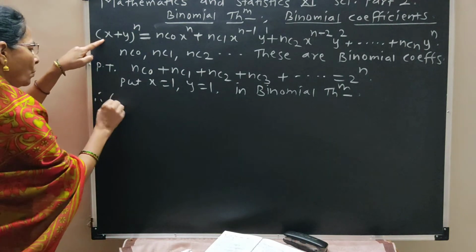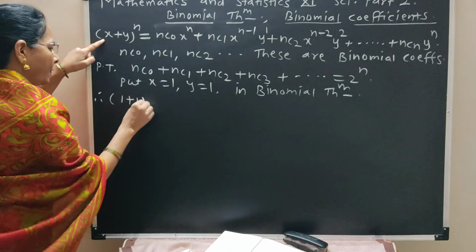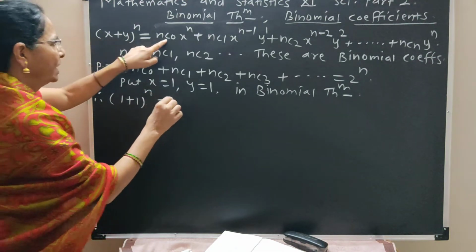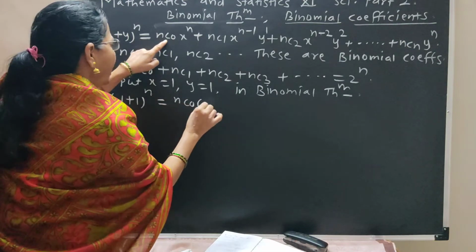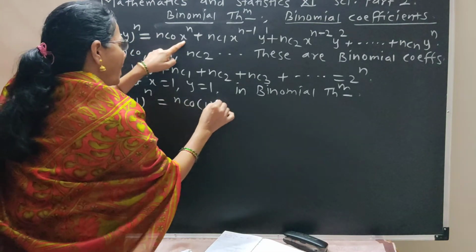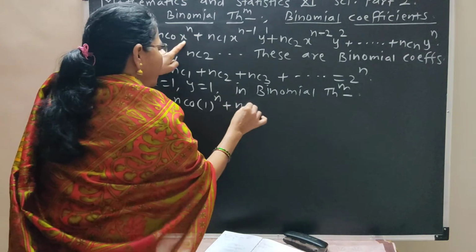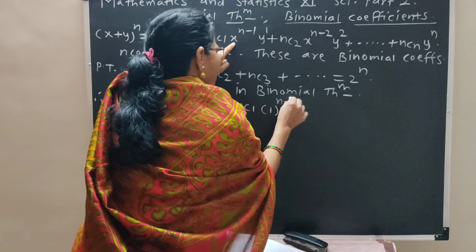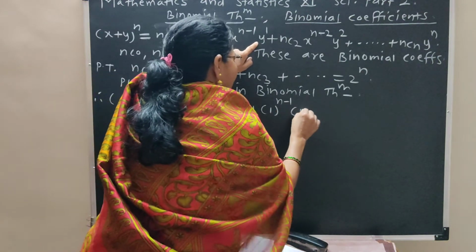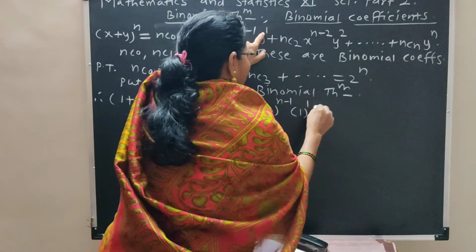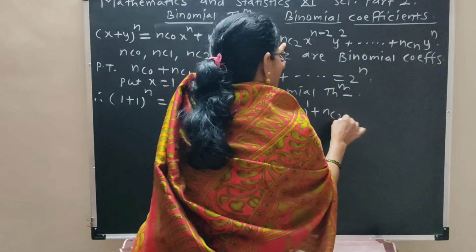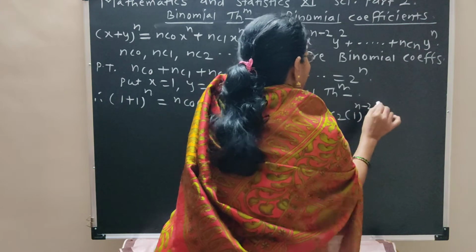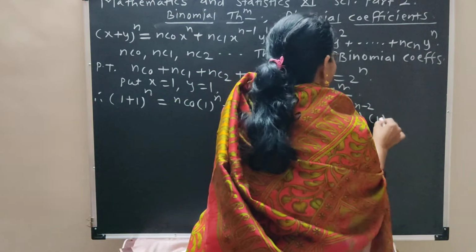So (1 plus 1) raised to n is equal to nC0 (x is 1) raised to n, nC1 (x is 1) raised to n minus 1 (y is 1), nC2 with x is 1, y is 1.